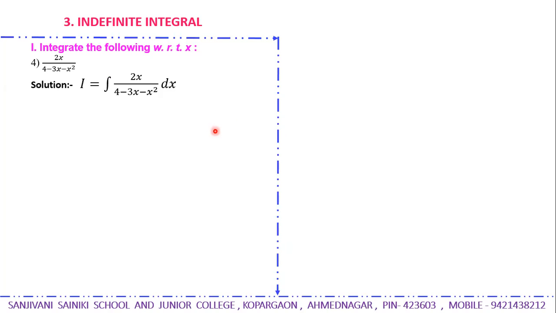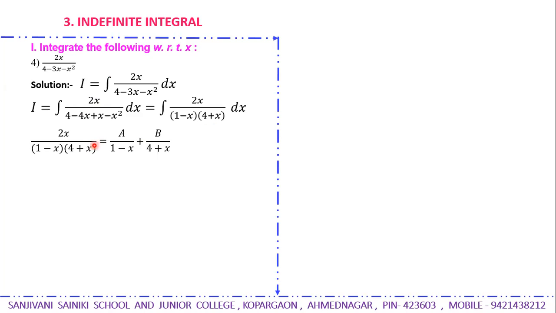Now the fourth example, integral of 2x upon 4 minus 3x minus x square dx. Okay, so how to write it? We can write it as 4 minus 4x plus x minus x square. So we are factorizing it and we are finding the factors, 1 minus x, 4 plus x. So now use the partial fraction, a upon the first factor and b upon the second factor.